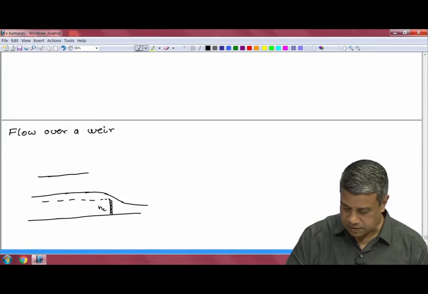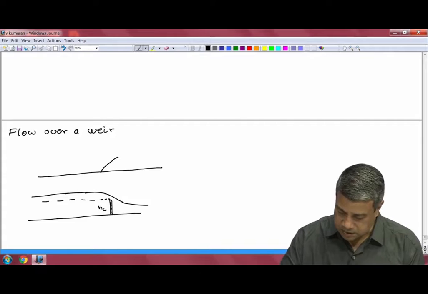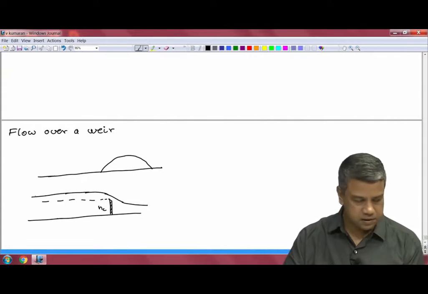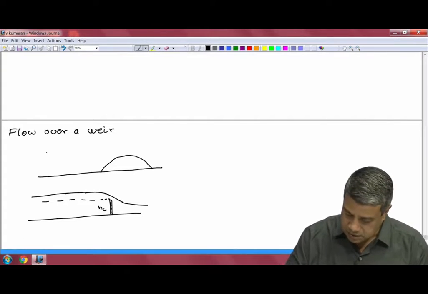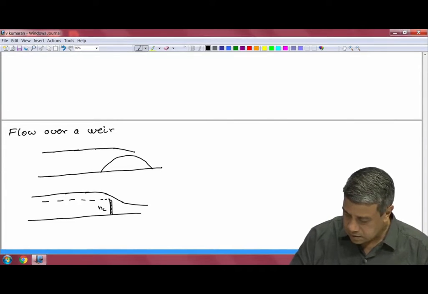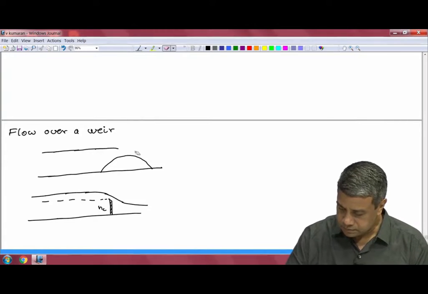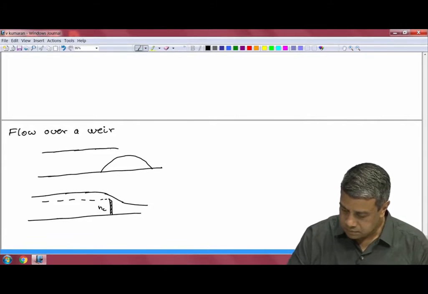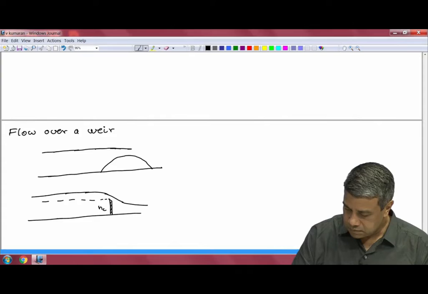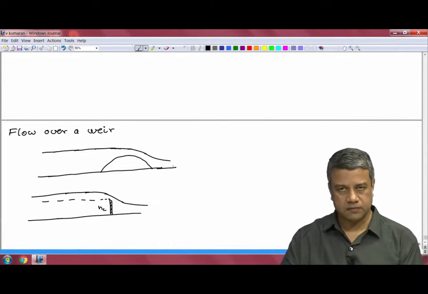So, this is the bottom surface, and this is the obstruction that is placed, and this is the level of the water above this. This is the level of water.